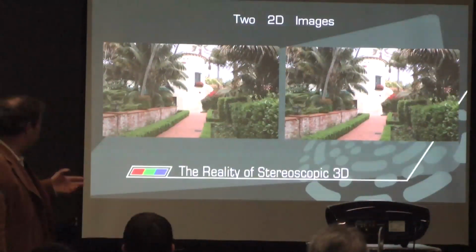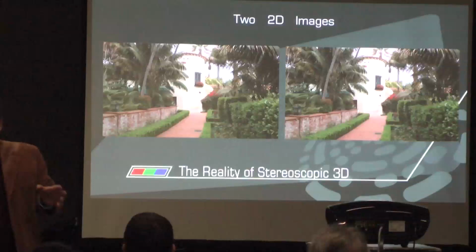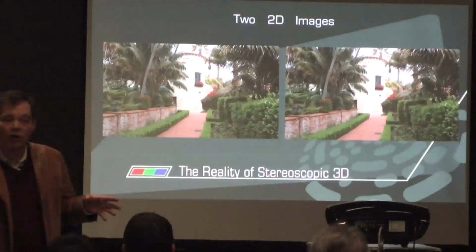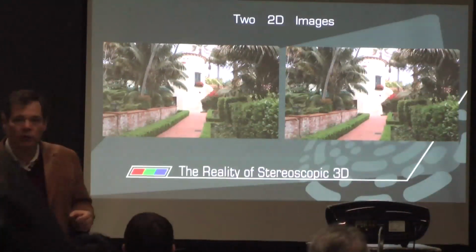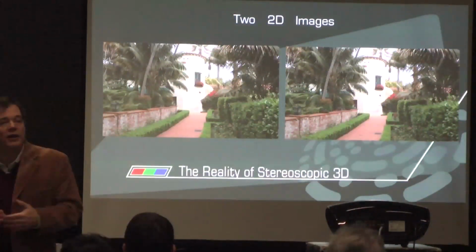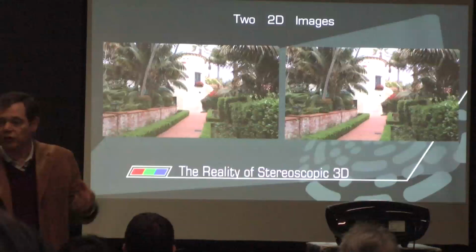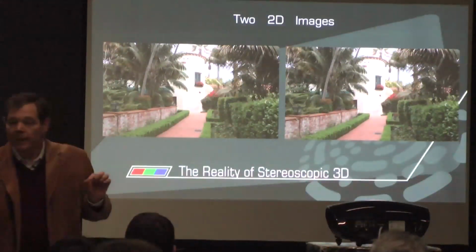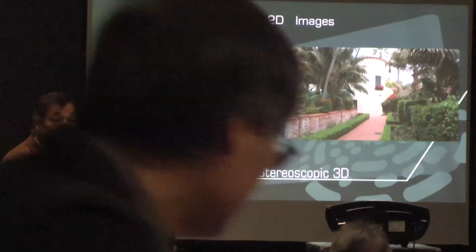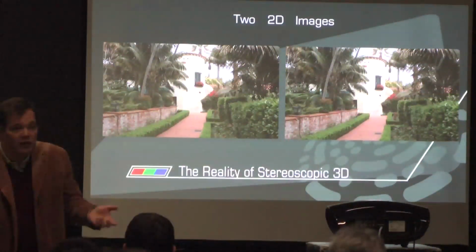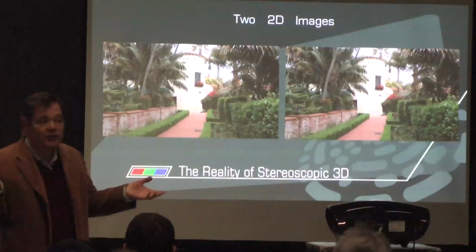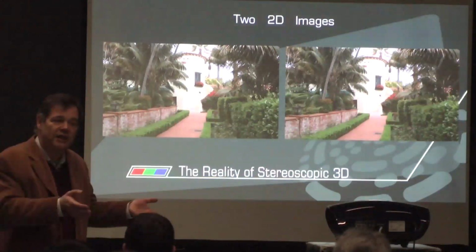But stereoscopic 3D is, at its starting point, at its core, two 2D images. So if I want to determine what a display is capable of doing in 3D, part of understanding the potential of any display in displaying 3D is understanding it's just being asked to display two 2D images.